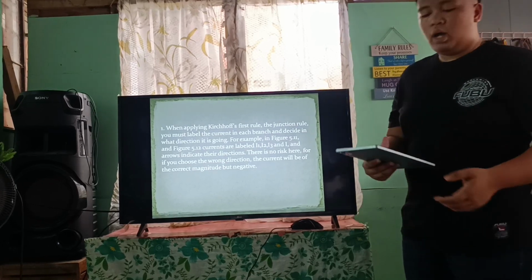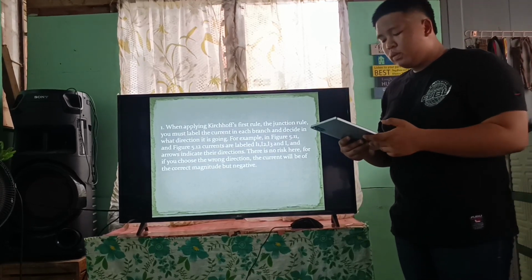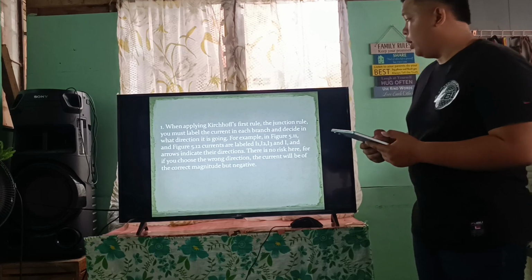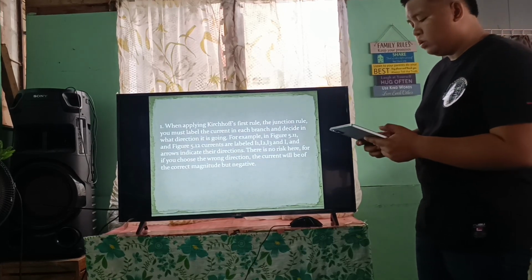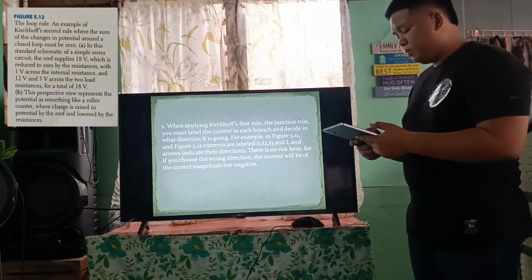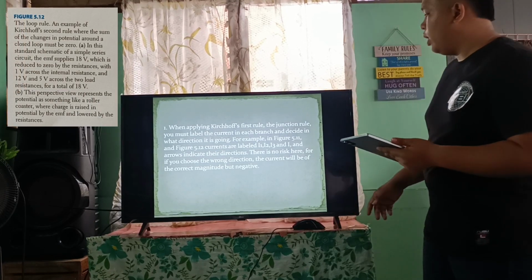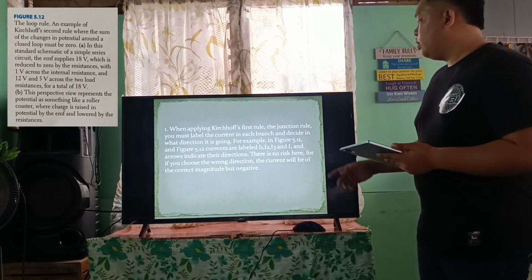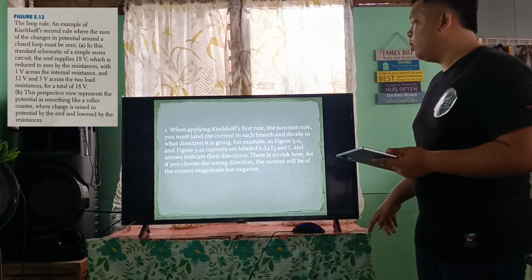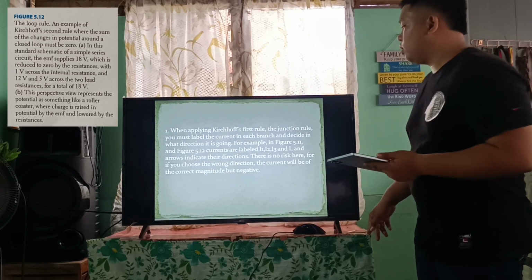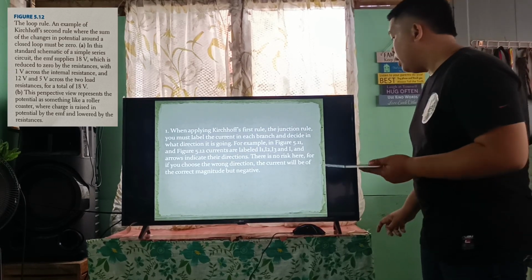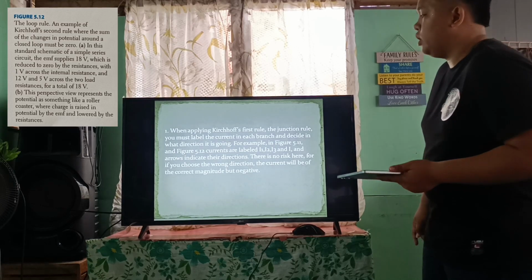Next, applying Kirchhoff's rules. When applying the first rule, the junction rule, you must label the current in each branch and decide in what direction it is going.